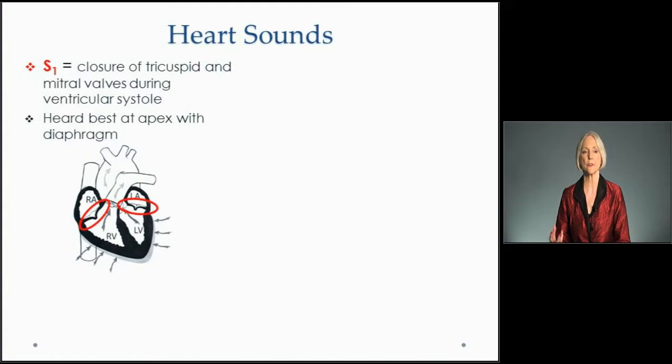So when the ventricle starts to contract, the tricuspid and the mitral valves need to close so that blood won't go backwards into the atria. And that's what creates the S1 heart sound.